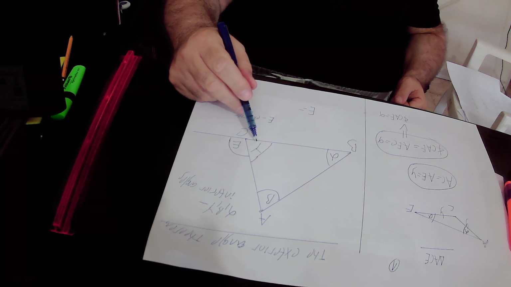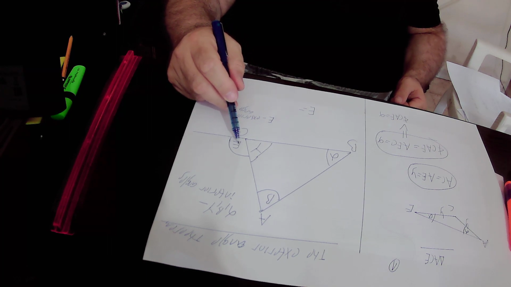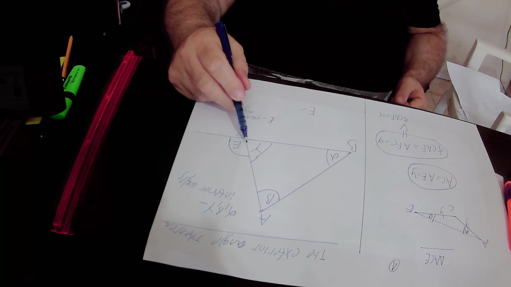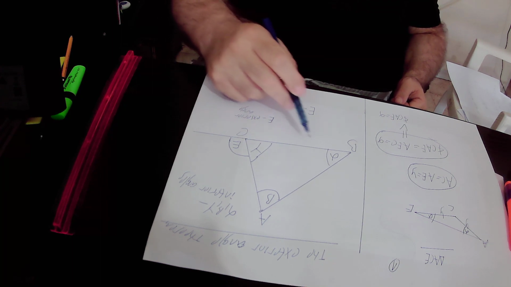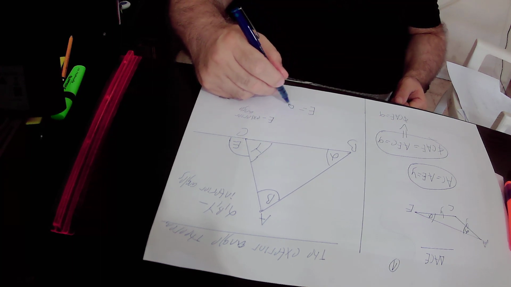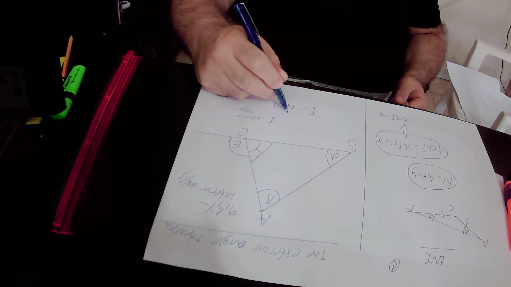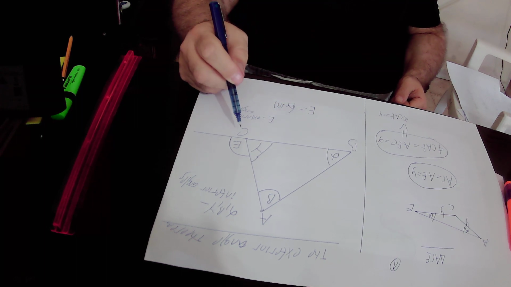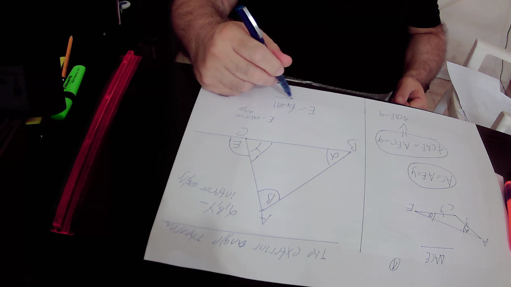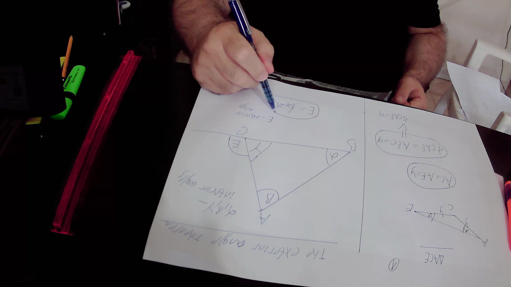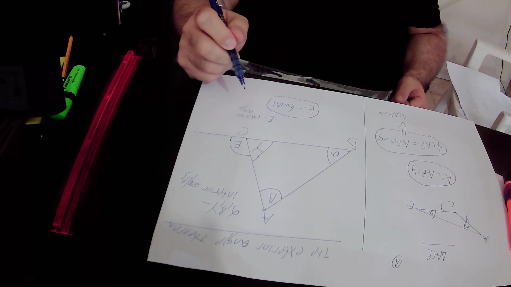Here angle gamma is adjacent to this angle, so the two other interior angles that are not adjacent to it are alpha and beta. So alpha plus beta equals the exterior angle E. So the size of the exterior angle E is alpha plus beta.